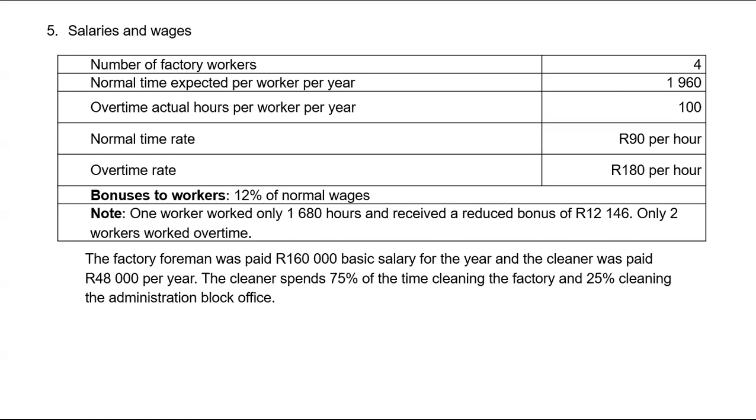Basically, I have 3 workers that worked 1,960 hours. So I'll have 3 times 1,960 times 90 Rand, which will give me the cost of those workers. And once I've done that, I will record that in my direct labor because these are the people that were directly involved in making a product.